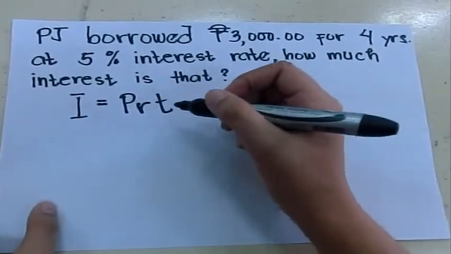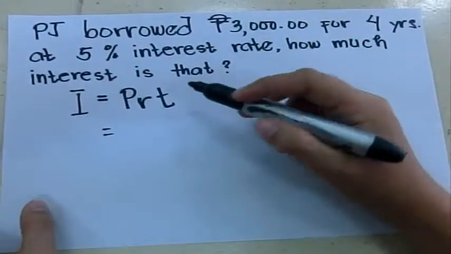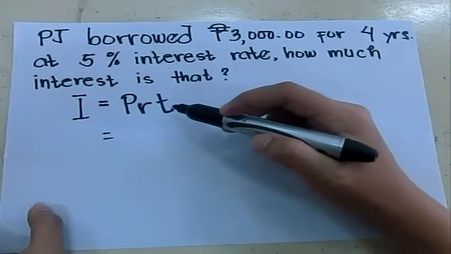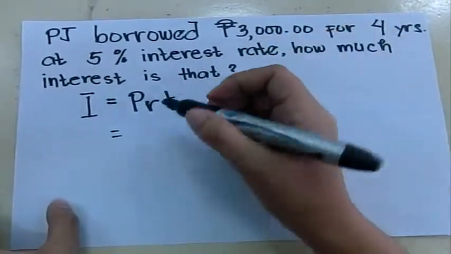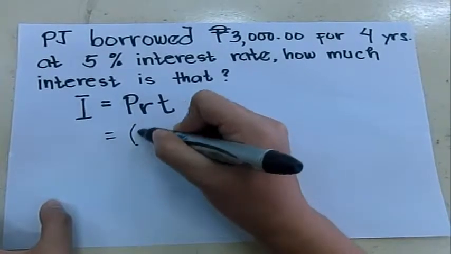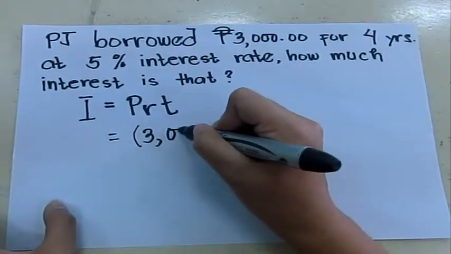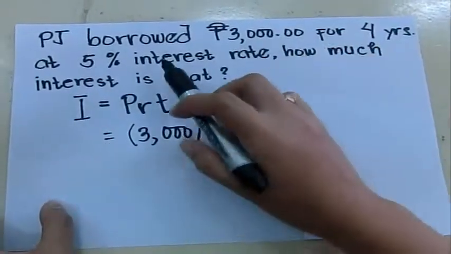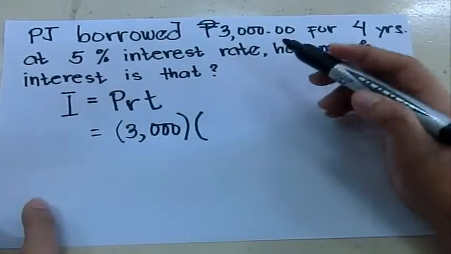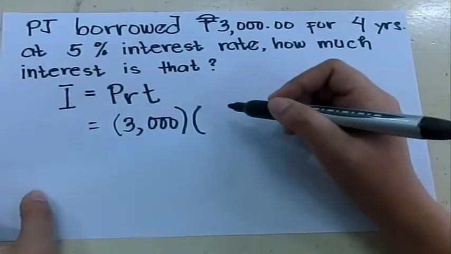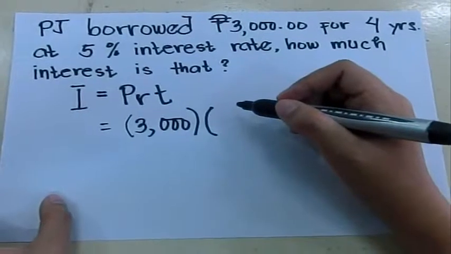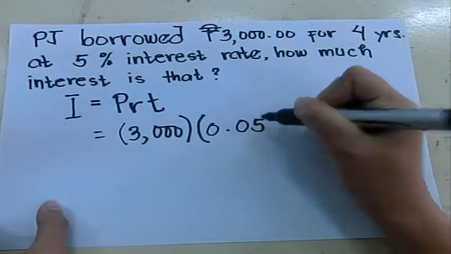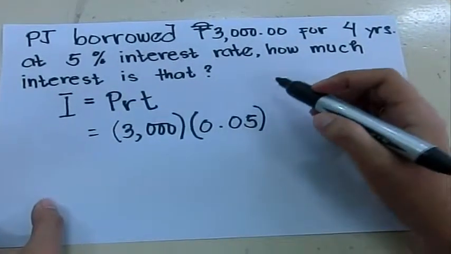So all we have to do is just substitute the value of the principal, the rate, and the time. The principal amount is 3,000 pesos, times the rate. The interest rate is 5%, so we are going to convert the 5% into decimal, 0.05, times the time.